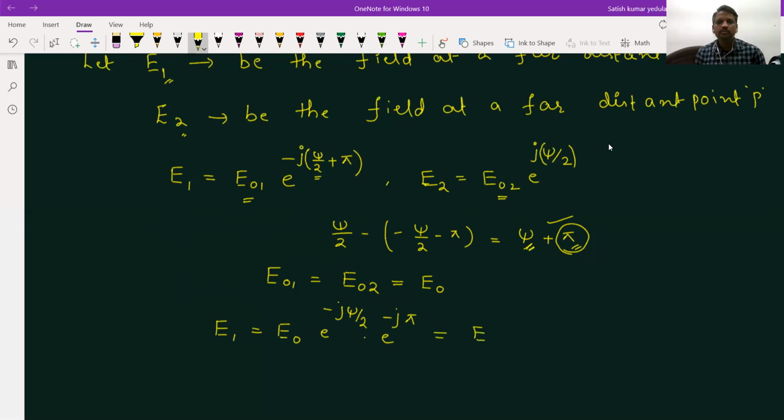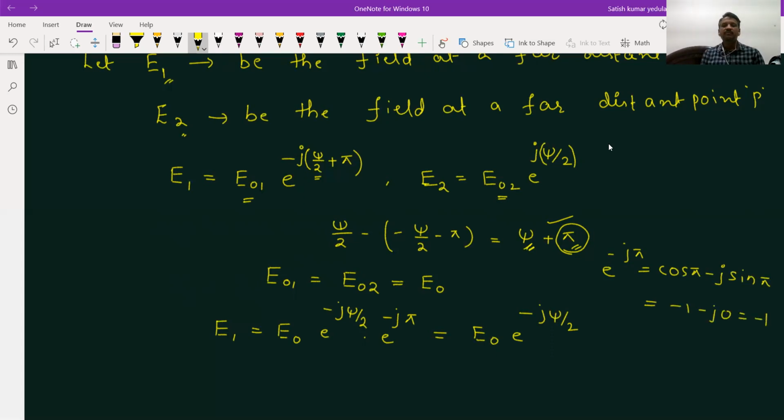E naught into e power minus j psi by 2 into e power minus j pi. If you write it as e power j theta, that is cos theta plus j sine theta; here it is minus theta, and sine of minus theta is minus sine theta, so cos pi minus j sine pi. Cos pi is minus 1, and j into 0 is 0, so it is minus 1.